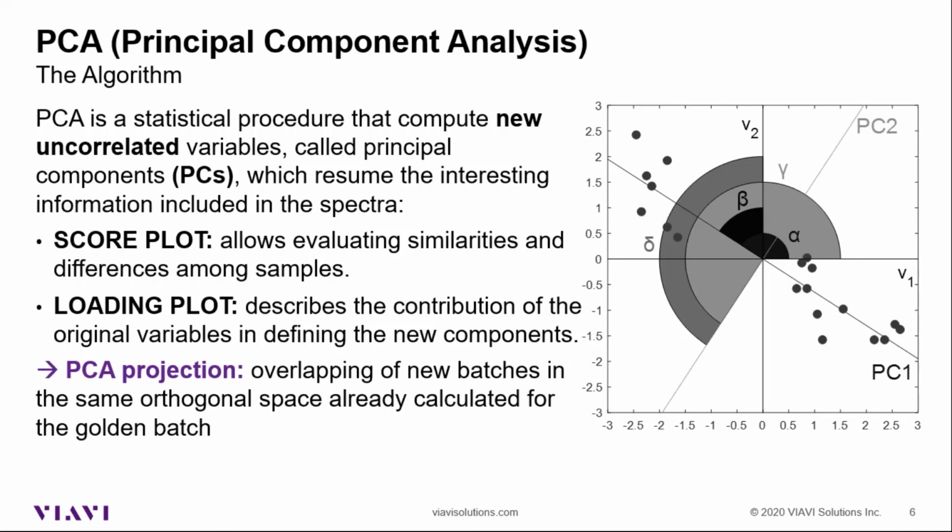In more detail, PCA has a really useful procedure called PCA projection, that allows us to overlap the spectra and the PCA of different processes, one on top of the other, allowing us to follow the process and see how it is behaving with respect to other spectra that we acquired before.